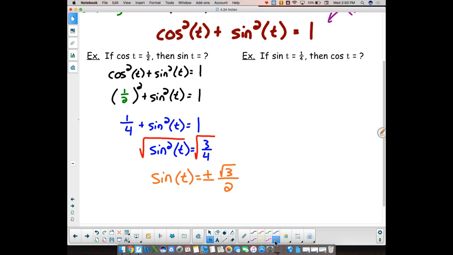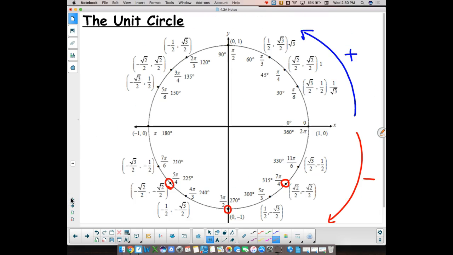My question to you is, do I have a cosine value of 1/2 somewhere on my unit circle? Yes. If I go to where I have a cosine value equal to 1/2, that would be like right here. Cosine is equal to 1/2. Sine, my y value, is equal to square root of 3/2.